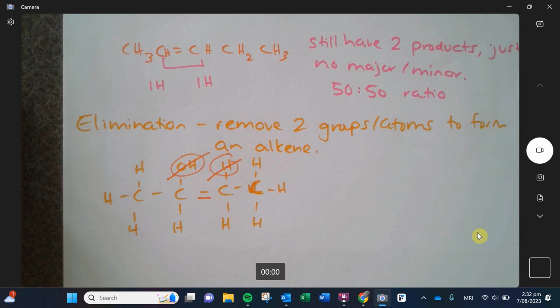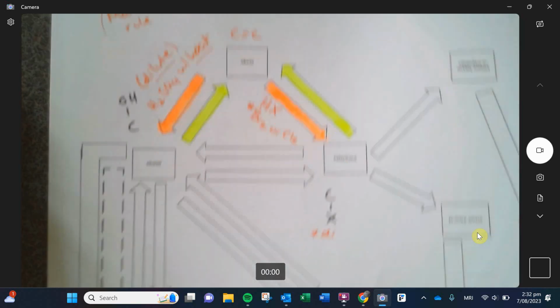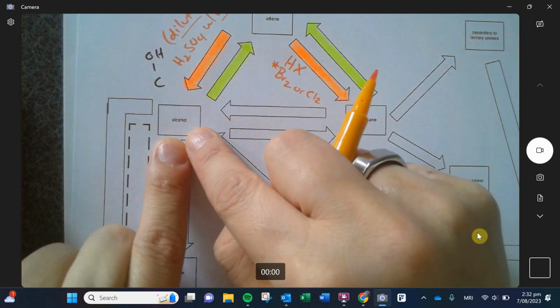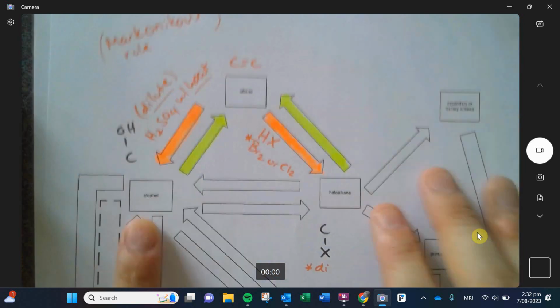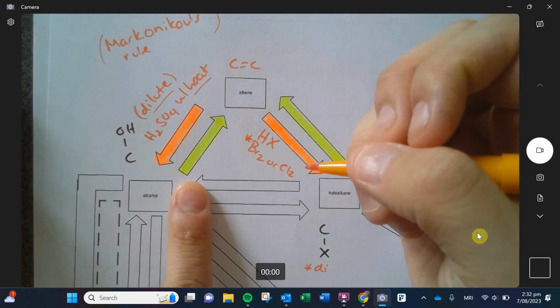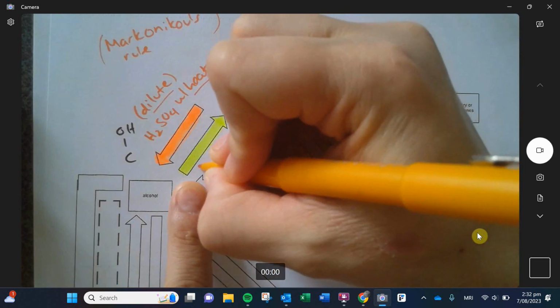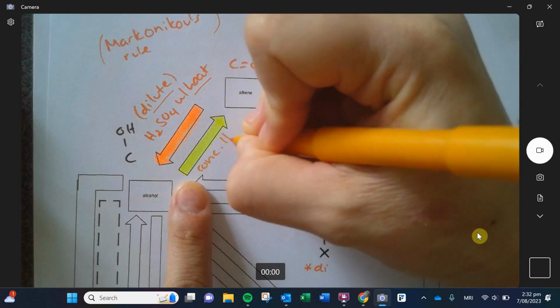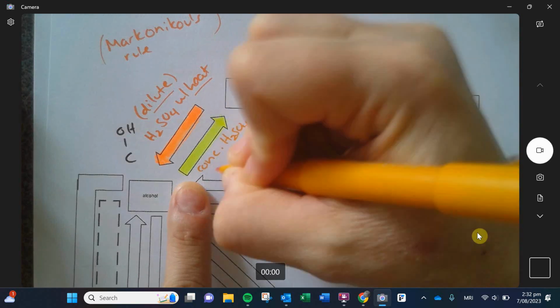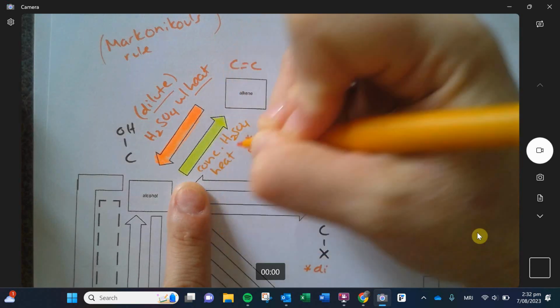So a lot of these reaction names correlate to what is going on. So there are two elimination reactions that we're thinking about. The first one we have is going from alcohol to alkene. In this case, for me to do that, I would need concentrated sulfuric acid, conc H2SO4, and again, I would need heat.